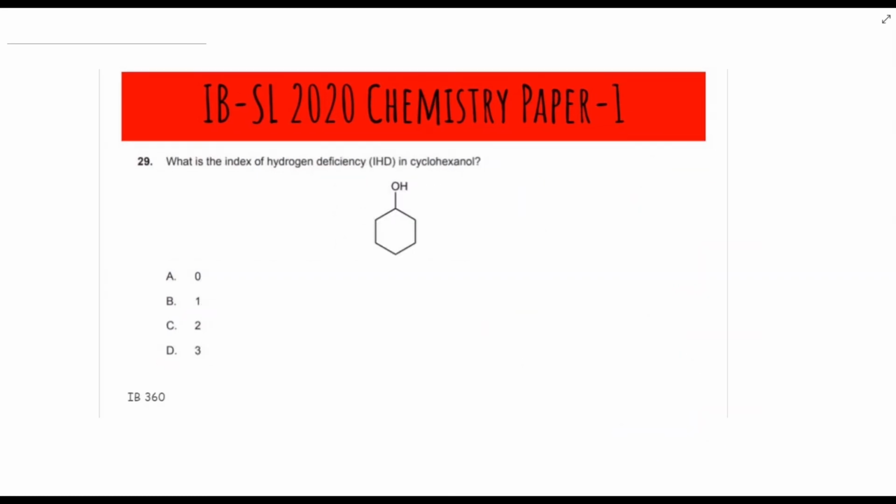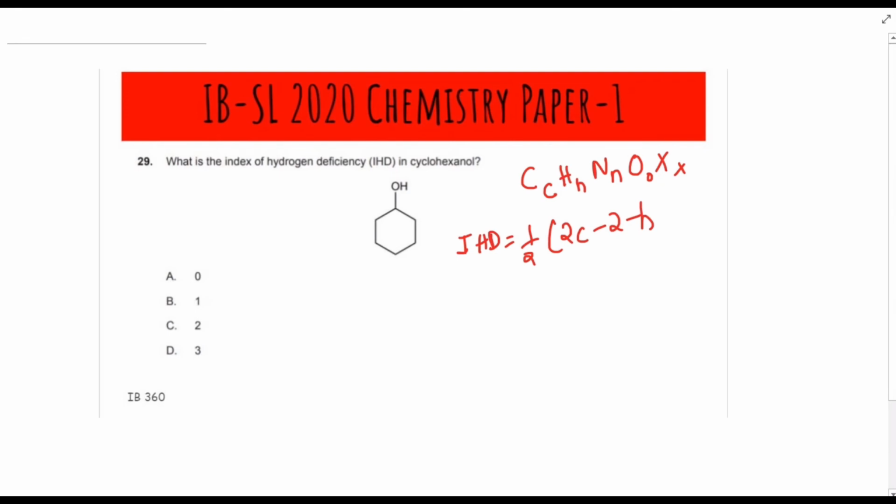Now to find IHD, as in question 29, we have a generalized formula. Let's say this is our molecular formula, that is C C H H N N O O X X. For this formula, the IHD would be half of 2C plus 2 minus H minus X plus N. Now the molecular formula of this compound will be C6H12O.